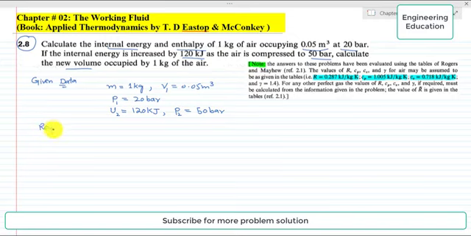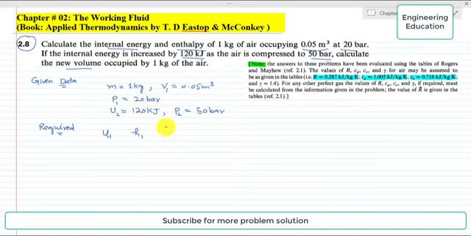We have to find three things in this problem. First, for state 1 we have to find internal energy, meaning we will find U1, and enthalpy of 1 kg of air, that is H1. Since we are finding the enthalpy and internal energy of 1 kg of air, this will be small u1, meaning the specific internal energy.